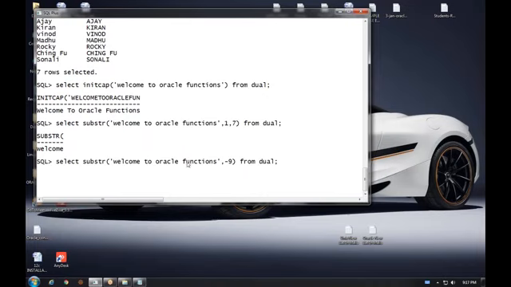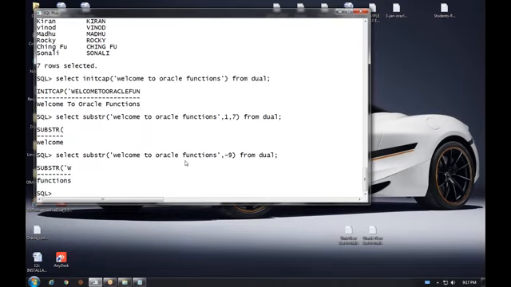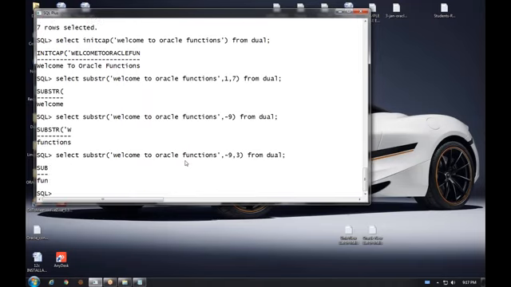So go to the 9th character from the ending. From that position, how many characters you need? I'm not writing how many characters. If you don't write it, it will take until the end of the line. Suppose go to the 9th position from the ending and take 3 characters: fun. Understand how to take from beginning and ending?